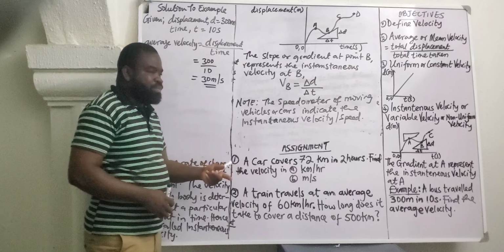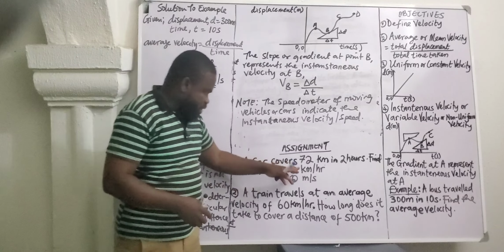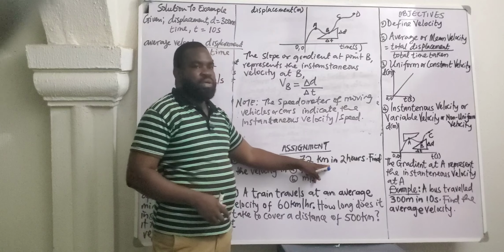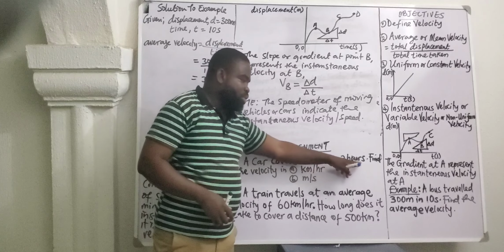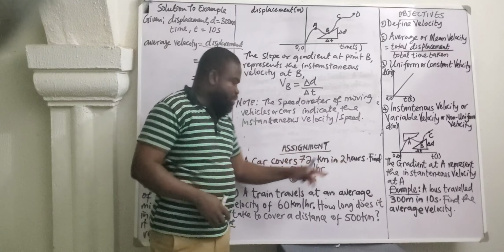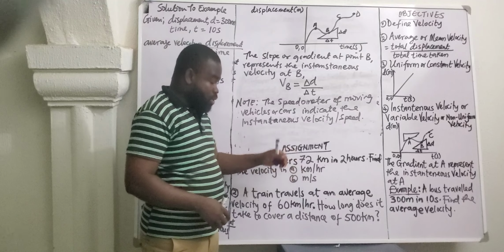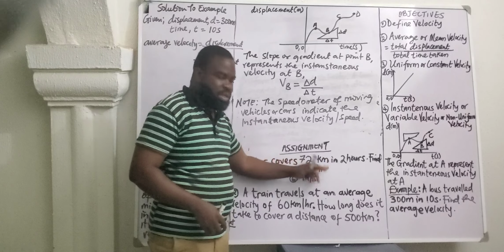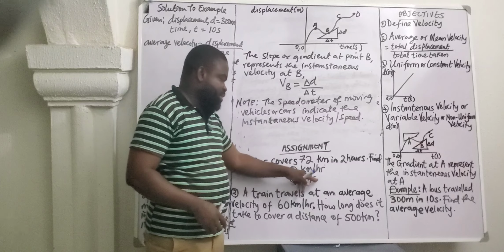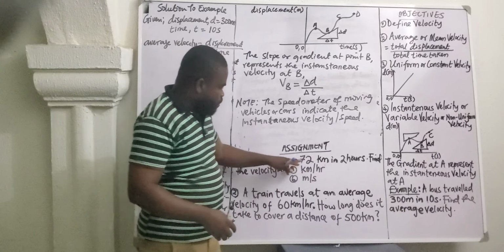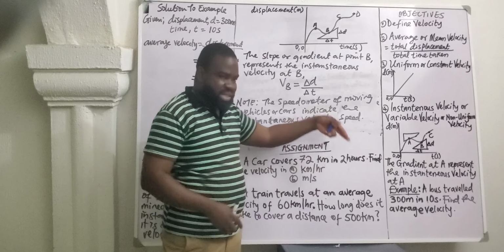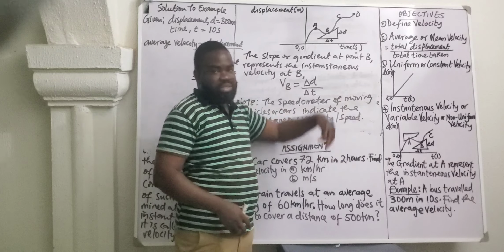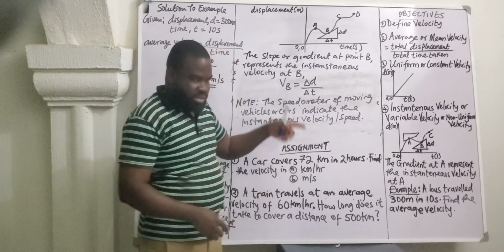This is different from the previous one where they give you the displacement in what? Kilometer, the time in what? Hour. There, you can first obtain the velocity in kilometer per hour, then you convert to meter per second. Or you convert this kilometer to meter first, convert this hour to second first, then you divide in meter per second.